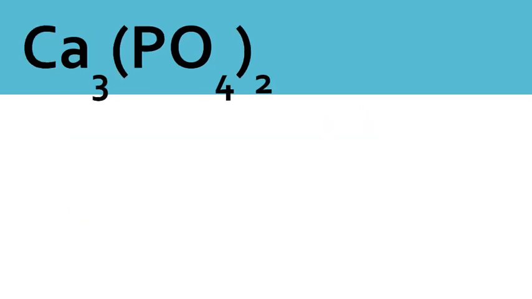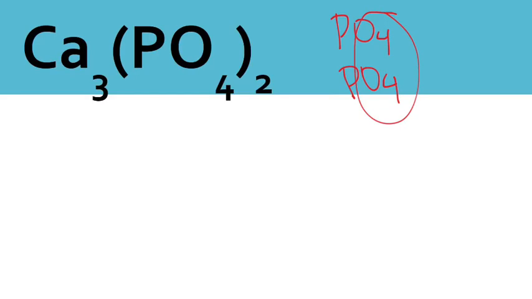And then our final example here, Ca3(PO4)2. This one's a little extra tricky because of these parentheses. You've got to remember that when we put this PO4 group in parentheses with that 2 there, that means we actually have 2 PO4s in that molecule, 2 of that entire group, which means you've got 2 P's and 4 O's in each set.